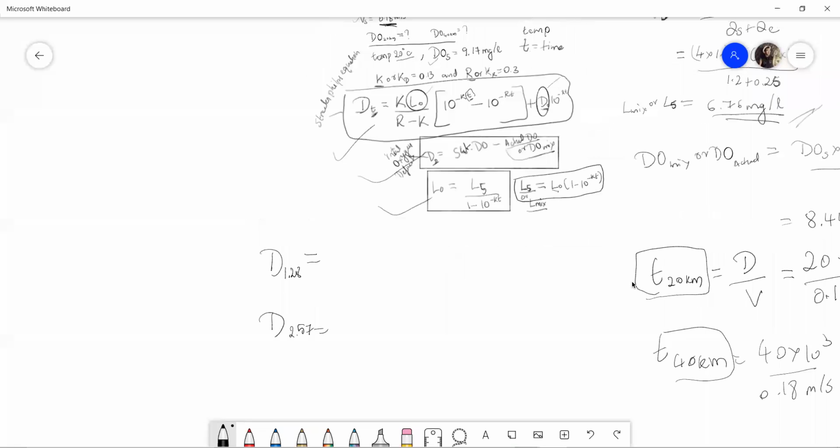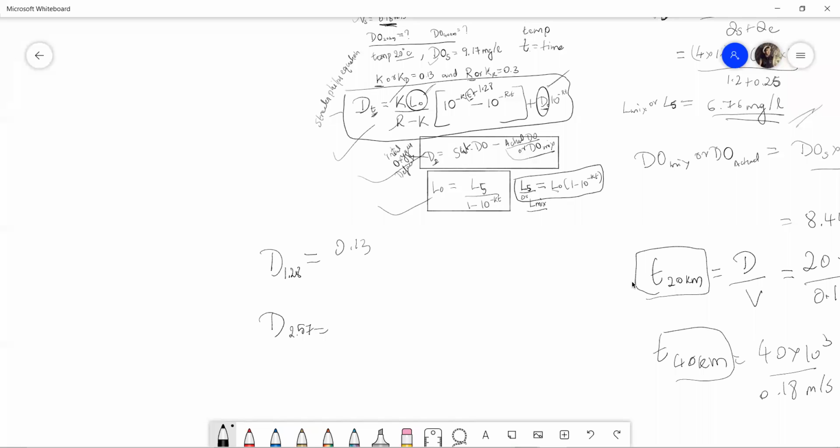You have to substitute directly. K value you know, L naught value you know, R value you know. Then the T value, for the first one, T is 1.28, to find out the deficit at 1.28 days. And D naught value also you know. So substitute it and tell me the answer.